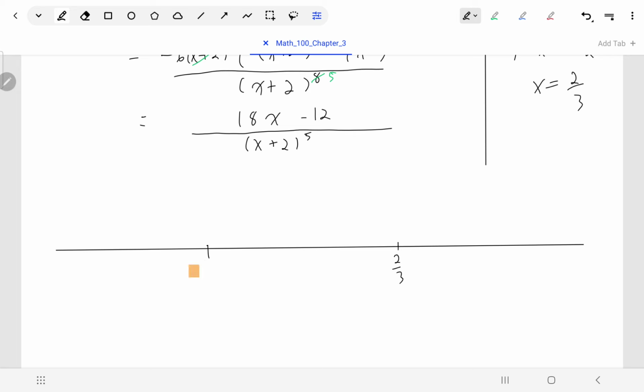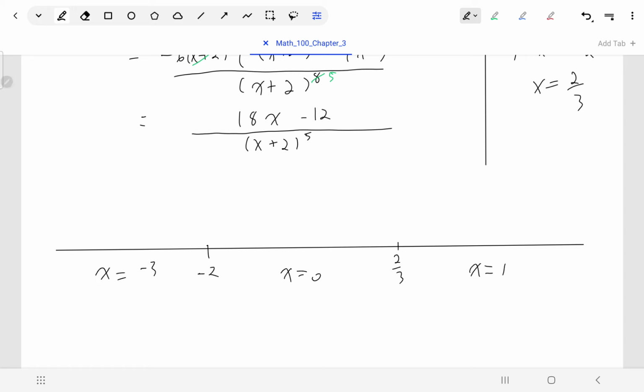So we have then 3 regions for us to investigate. For things larger than 2/3, I'm going to go for 1. For things between -2 and 2/3, I'll go for 0. And then for less than -2, I'll go for -3.